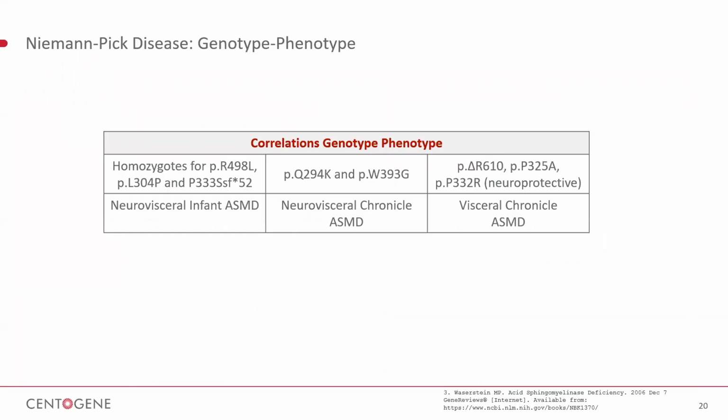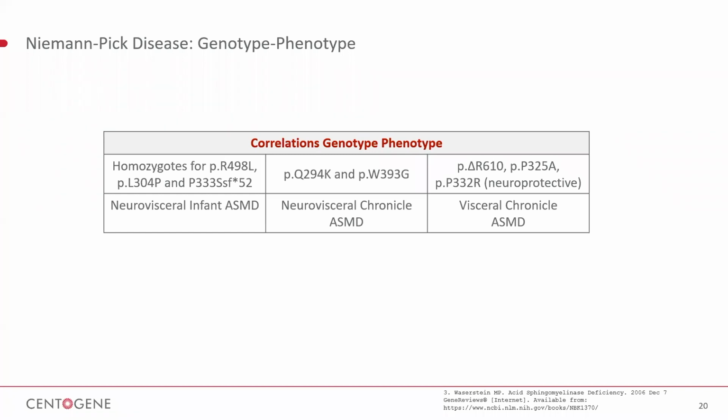And there are some genotype-phenotype correlations which can help clinicians. So on the left, these 3 specific mutations have been identified as being seen in type A, so involved with the infantile form, whereas the 2 in the middle can be seen in types A and B, so it may depend on a combination of their specific mutations and the clinical presentation as to how they are ultimately classified.